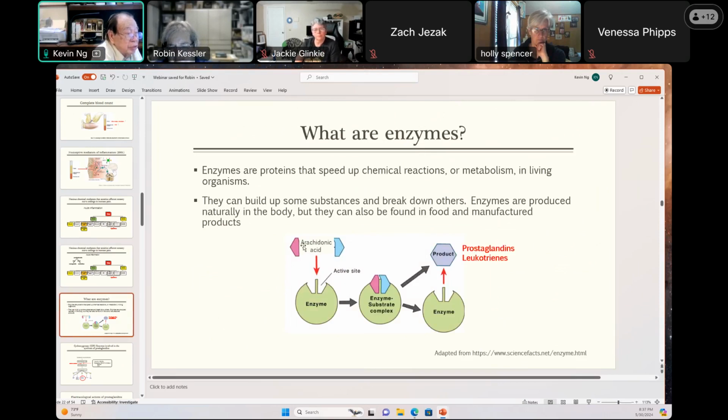Now, arachidonic acid is the source of all the chemical mediators. What it does is get into the enzyme, break it up or convert it into something very active. We call prostaglandin and leukotrienes.